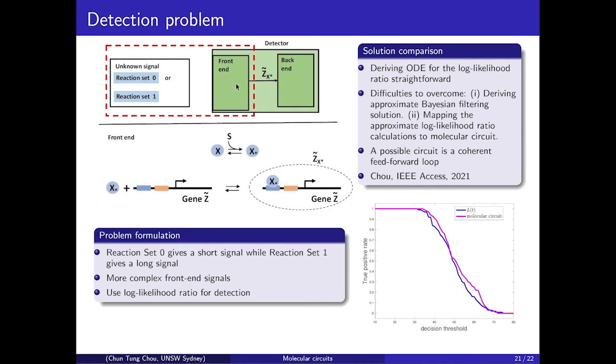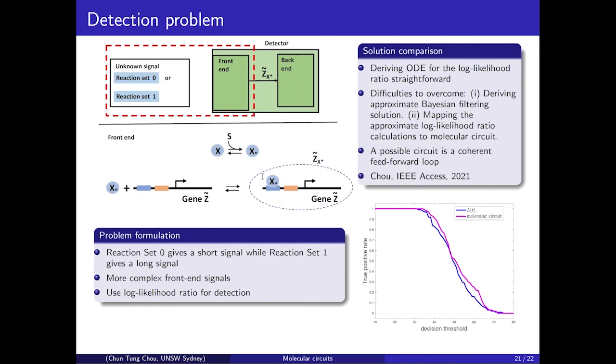Again, we have a front end and a back end. What we have done is make the front end a lot more complicated. This S is the molecules that are produced by these reactions. Instead of just receptors, we have X that can bind to produce X star, and X star can bind to a gene.